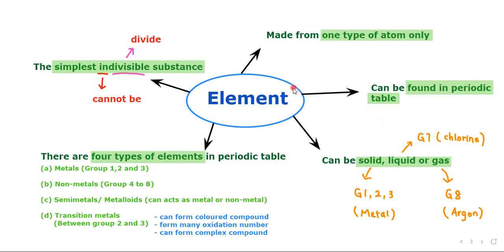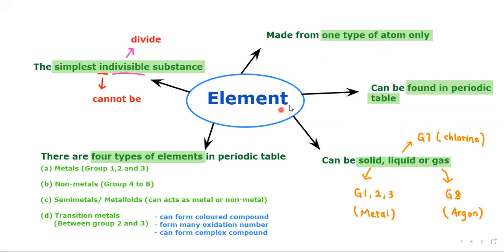So what is an element? An element is the simplest indivisible substance. What is meant by indivisible? Indivisible means cannot be divided. So in conclusion, an element is a very simple thing which cannot be divided. As we learned just now about atoms, the same types of atoms make up elements.